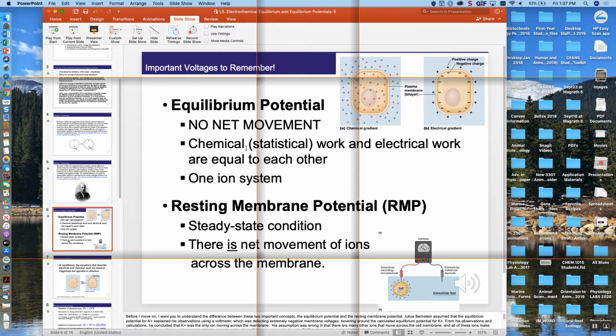Put your finger there. This is your reference, the equilibrium potential for sodium. Now ask yourself, where does the resting membrane potential sit relative to our equilibrium potential? Is it more negative or is it more positive than the equilibrium potential?